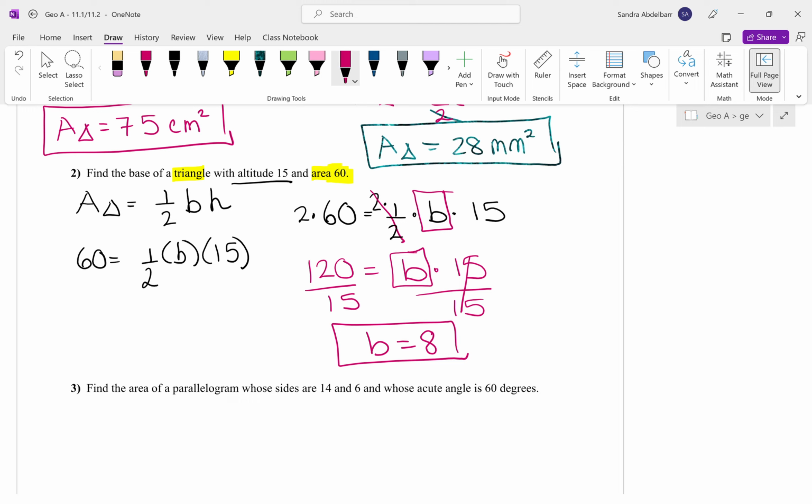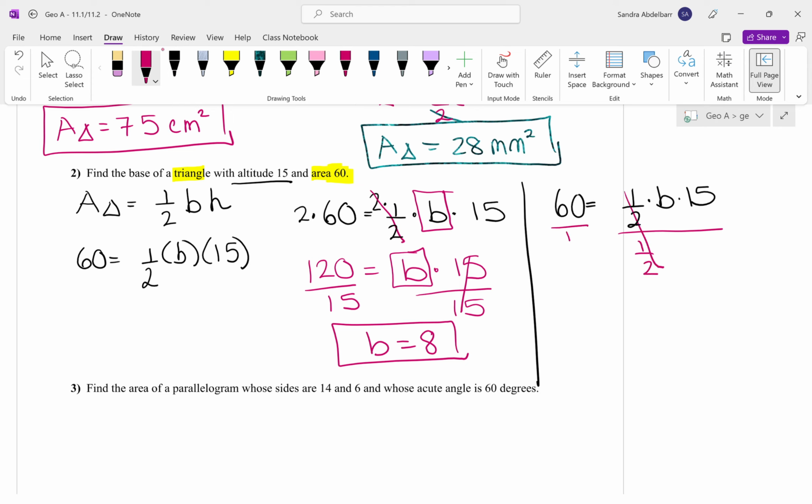Yes. So you multiplied because you couldn't divide. Well, dividing by a half is the same as multiplying by 2. So let's say you had 60 equals a half times b times 15. And you said, okay, well, I'm going to divide by the half, right? That would cancel there. And then you divide the half here.